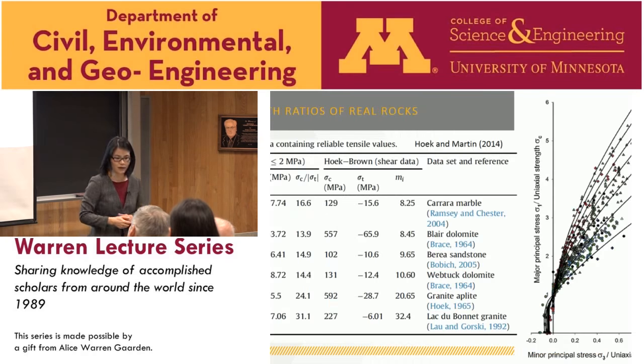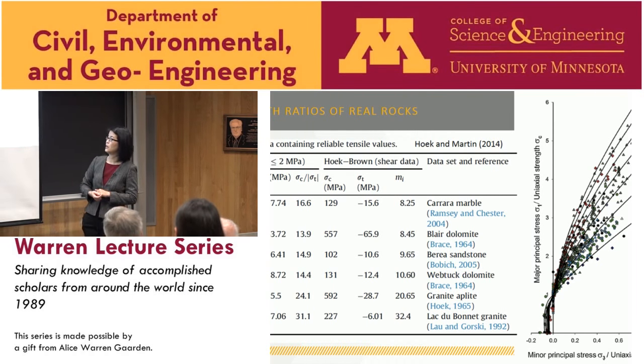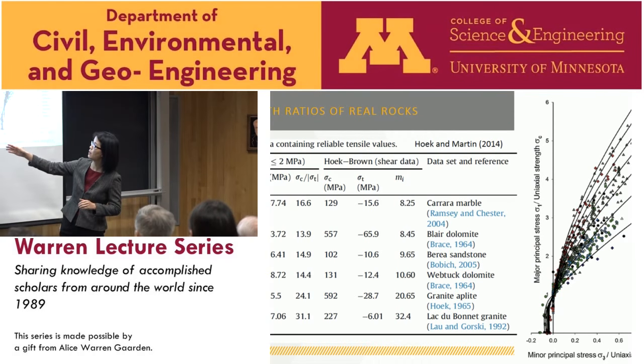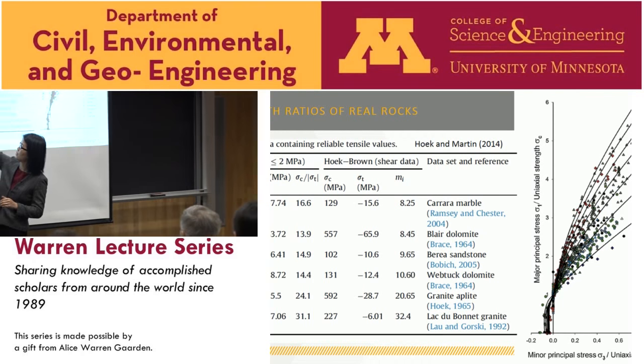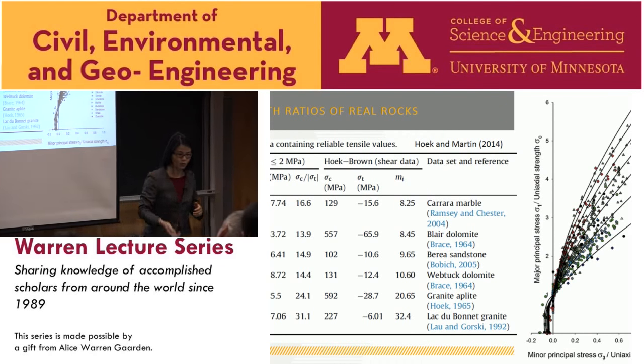For real rock, the numerical number is much smaller, and the real rock strength ratio would be much higher. As you can see from a compilation in this table, the number ranges from about 13 all the way to 30.